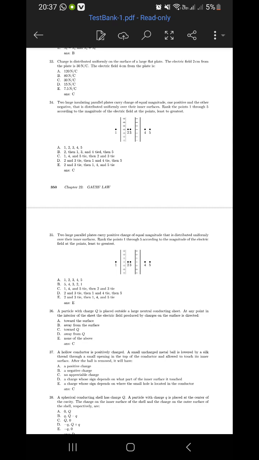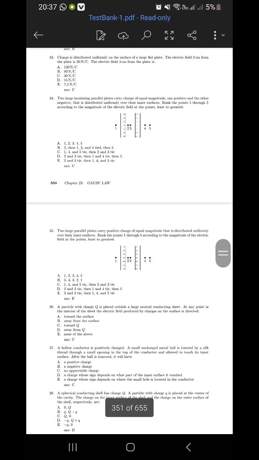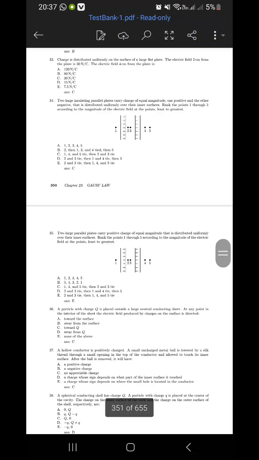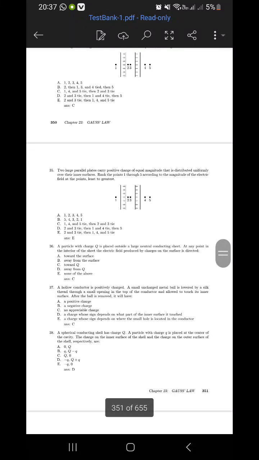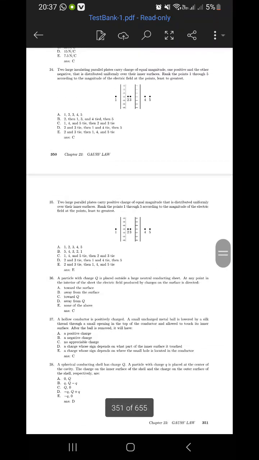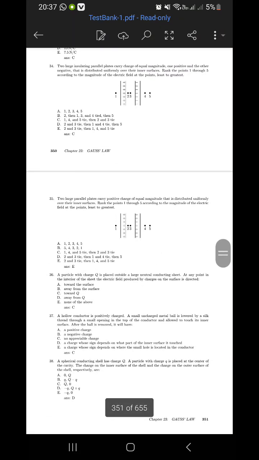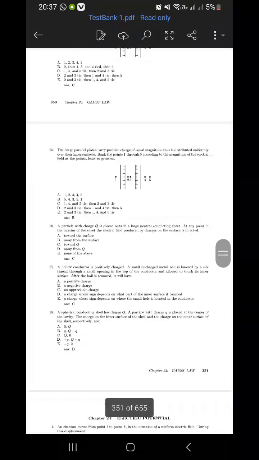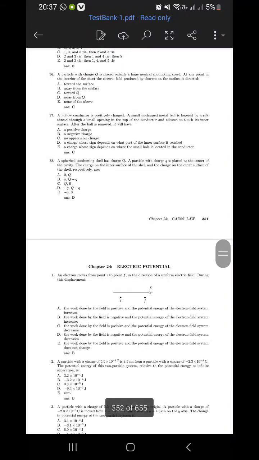C is the answer: 1, 4, and 5 tie. What about this one? From least to greatest.